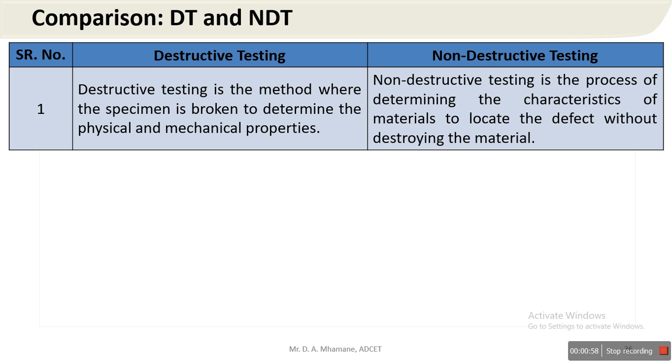We damage the specimen because of the application of load. Means in case of tensile load, we apply tensile loading, the material fails and we conclude with a certain value. Means in destructive testing method, the material or specimen is damaged after a single iteration of loading.